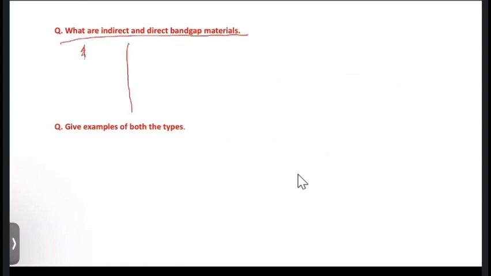This is my energy diagram, this is E, energy, and this is pi by a, minus pi by a.